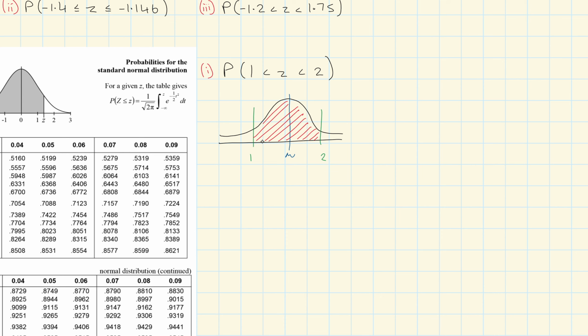I know I can't figure out the area to the right of 1, but I can figure out the area to the left of 1 and the area to the left of 2, subtract them from each other, and I'll be left over with this balance. So that helps me set up my inequality here. I'm going to figure out the probability that Z is less than 2 and subtract the probability that Z is less than 1.